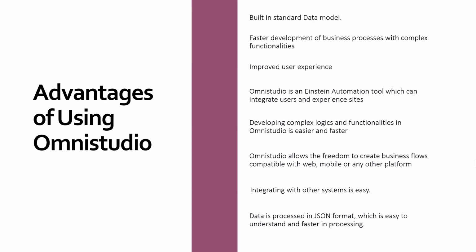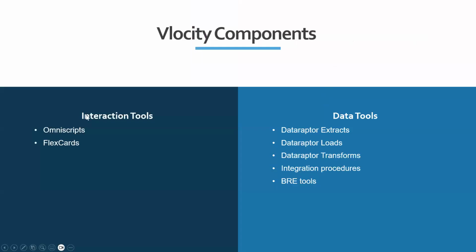So I've been talking about these Omni Studio components. What exactly are those, right? There are two types of Omni Studio components. There are more features, but on a high level, these are the two categories: interaction tools and data tools. Interaction tools, as the name itself says, are the UI tools that we use in the front end.